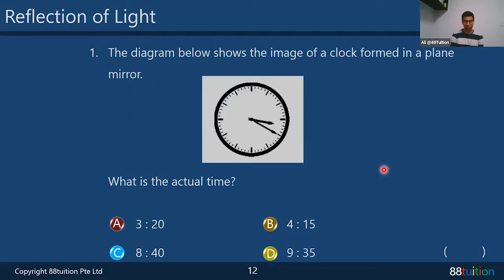Okay, what's the actual time? This was shown on a mirror. So what is the actual time? Left becomes right, right becomes left. So therefore, you need to have this one something like that, and this one something like that, right?